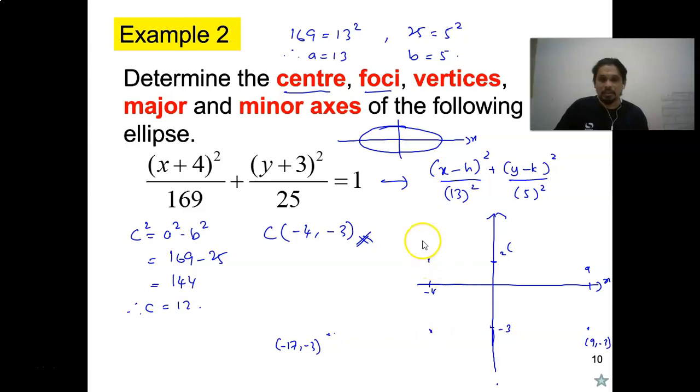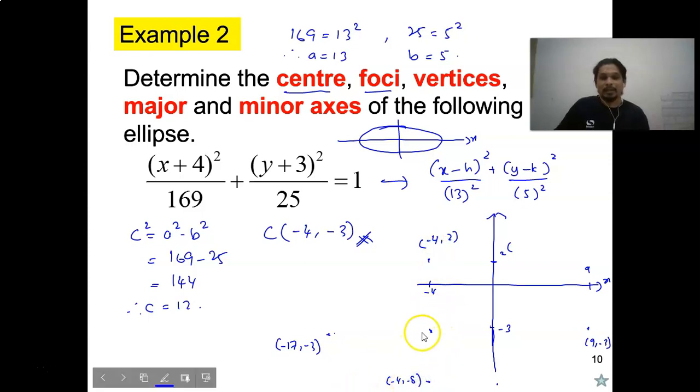So x equals negative 4 and 2, and here negative 4 and negative 3 minus 5, negative 8.